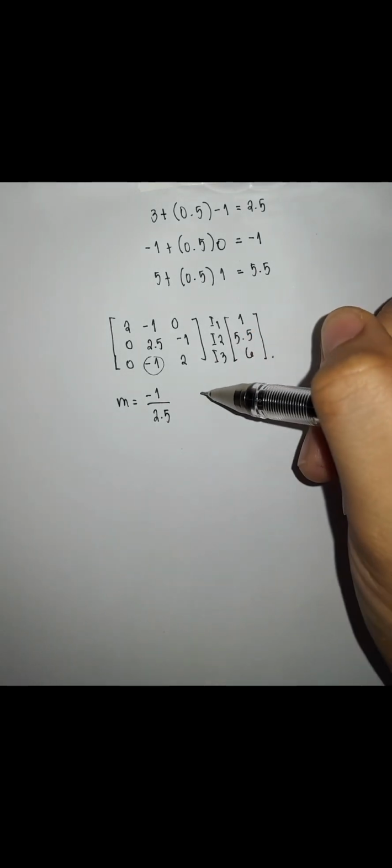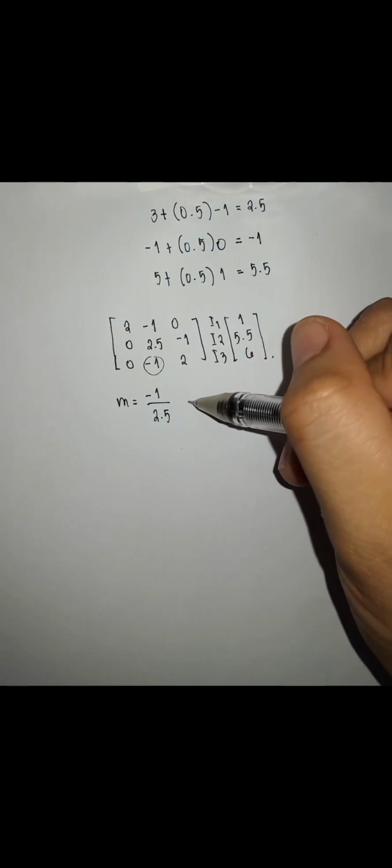The next step will be we need to eliminate this. So our multiplier will be negative 1 over 2.5 equal to negative 0.4.